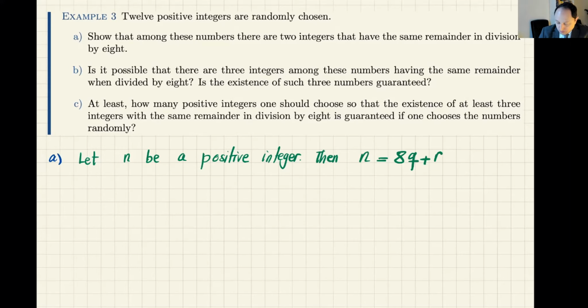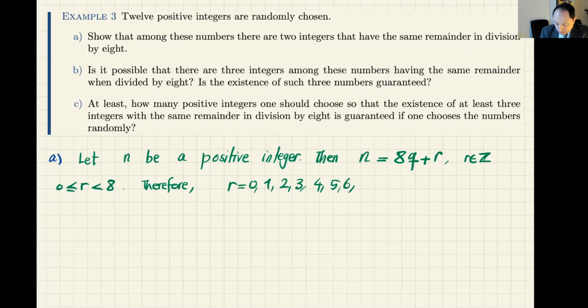Here, if you remember, q is called the quotient and r is called the remainder, but we know that r is a number in the set of integers where r is greater than or equal to 0 and smaller than 8. So therefore r can be 0, 1, 2, 3, 4, 5, 6, and 7. And then how many of them are there? There are 8 numbers, yes?